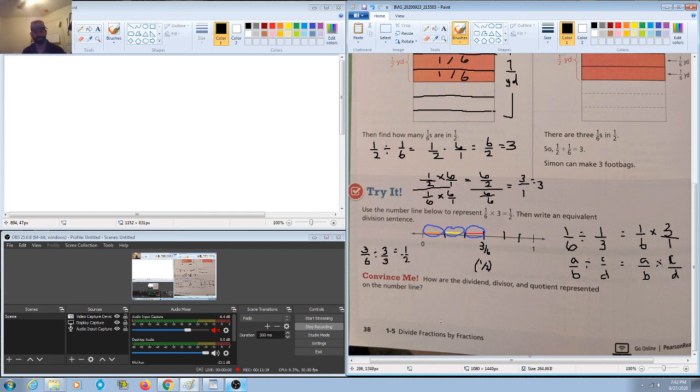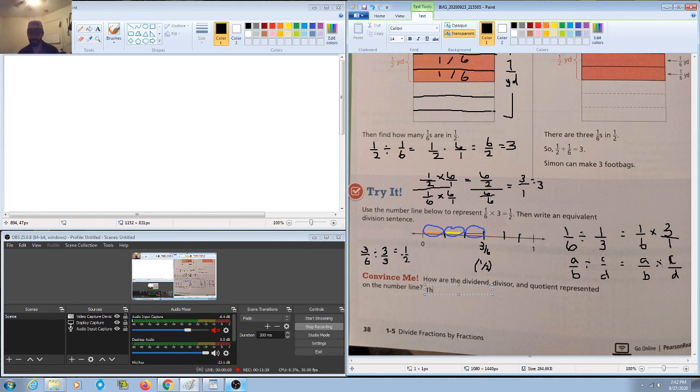So this next question says, how are the dividend, divisor, and quotient represented on the number line?